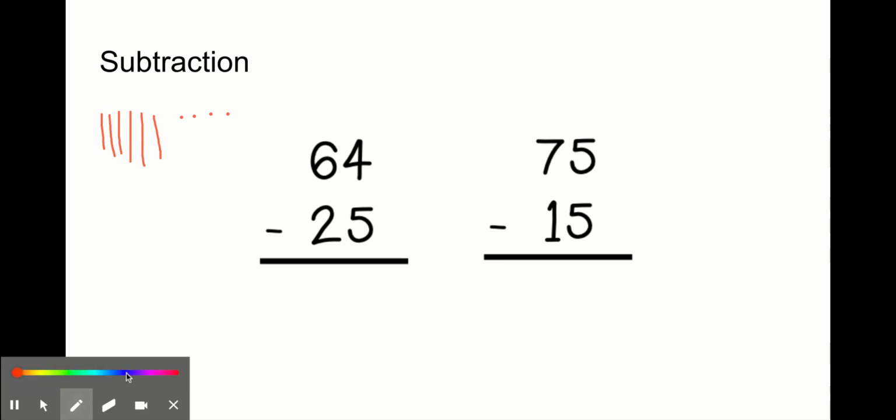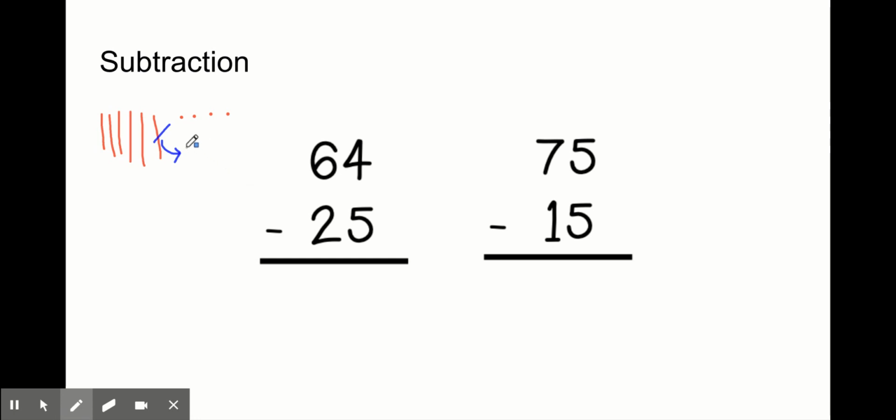For 25, I need to take 5 ones away. Can I do it? No, there are only 4 ones. So I need to take a 10 and turn it into ones.